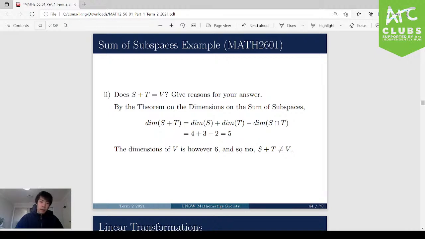But recall that V was all of the 2x3 matrices, and so the dimension of V is 6. And so since the dimension of S plus T is not equal to the dimension of V, S plus T does not even span V. And so that's why S plus T does not equal V.